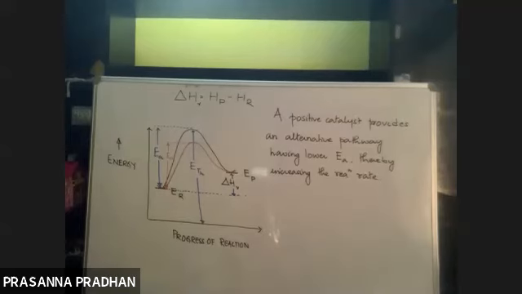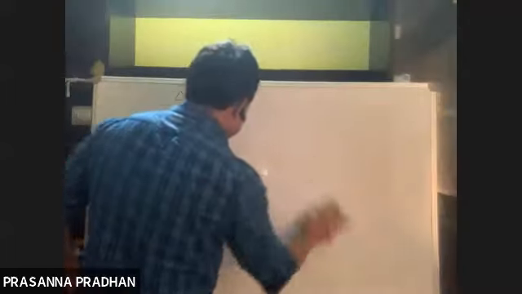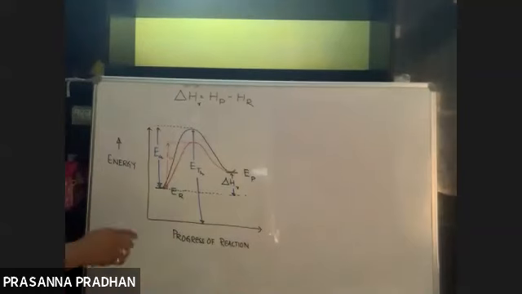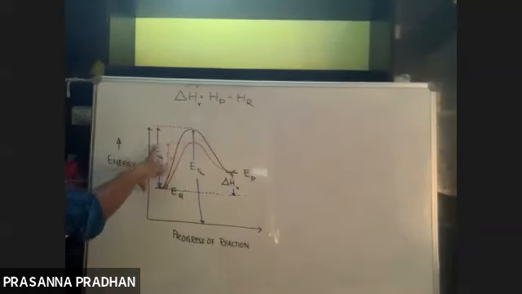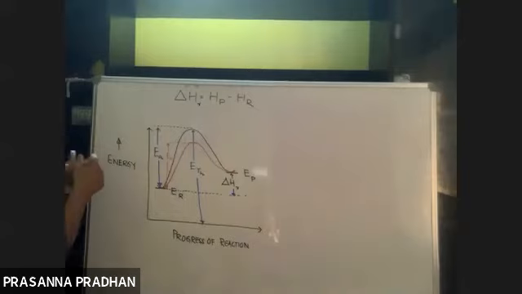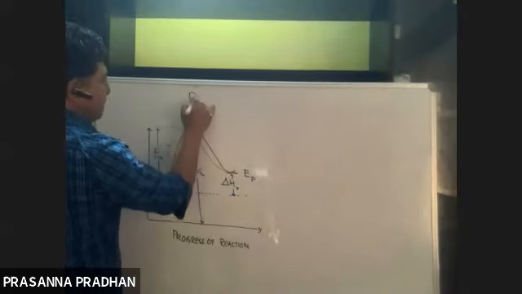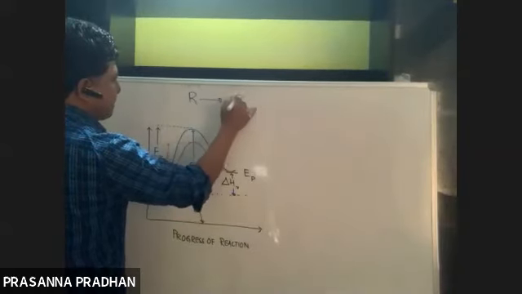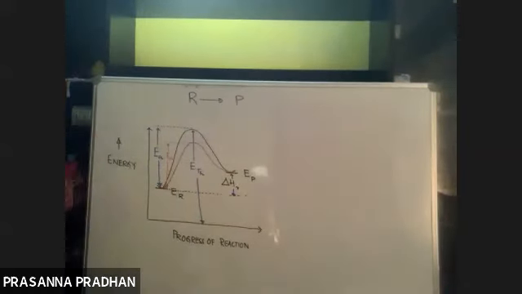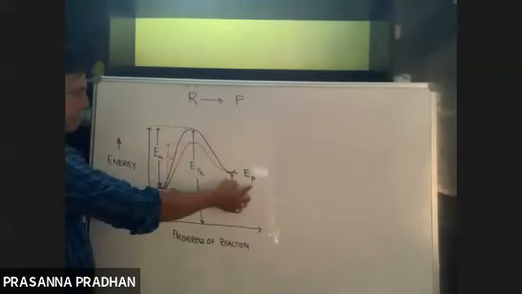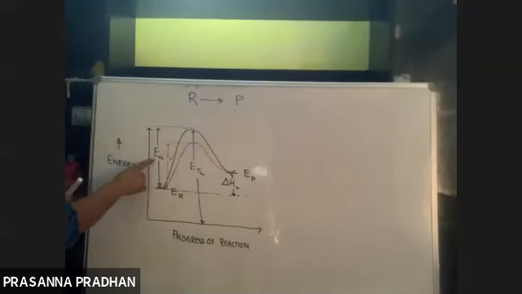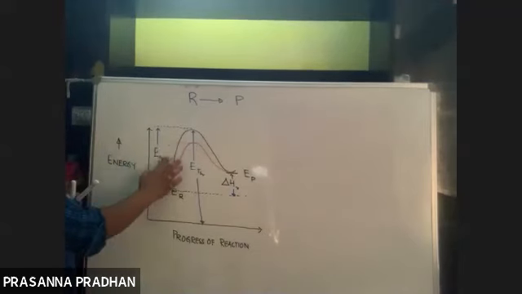Now, listen very carefully. So this is the activation energy. Now let us consider one reaction, reactant giving product, R to P. As the reaction proceeds from reactant to product, this was the activation energy required.